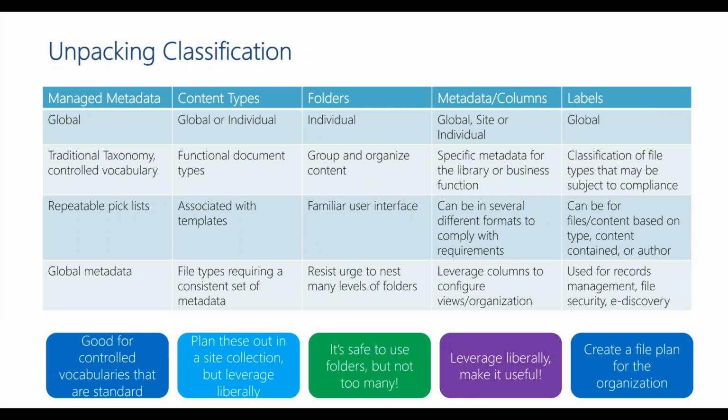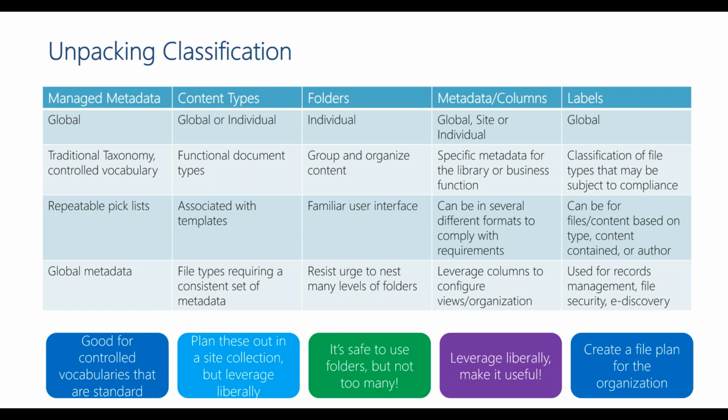And this can be, if you're a global relief organization, maybe you have a certain taxonomy defined for the classification of the world that your organization follows. And that would be a really good controlled vocabulary to institute that would then be used across multiple site collections as another means of classification.